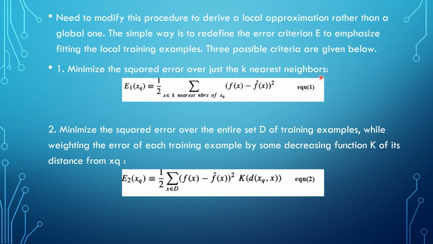Second, suppose we want to minimize the error over the entire training set, while weighting the error of each training example by some decreasing function K of its distance from x_q. This is the formula which is used to minimize the squared error over the entire set of training examples.